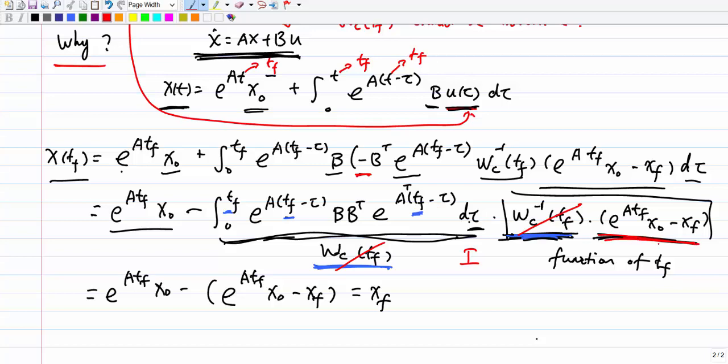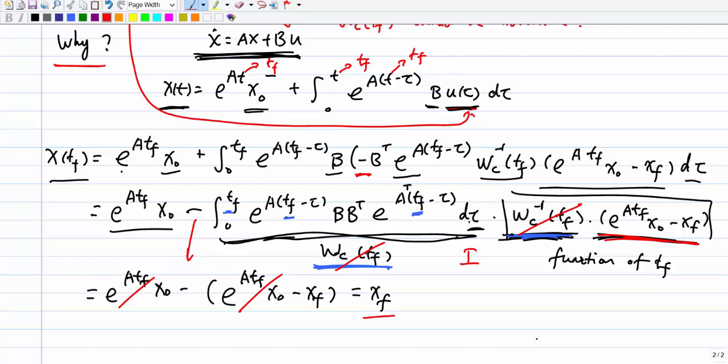So I end up having e^(A tf) x0 minus, and I have to keep the minus over here, the minus sign still coming from the previous one. So this whole bunch of stuff becomes identity. So this is just e^(A tf) x0 minus, e^(A tf) x0 minus xf. Apparently these two will cancel out, and this negative will cancel out, so we just have xf.